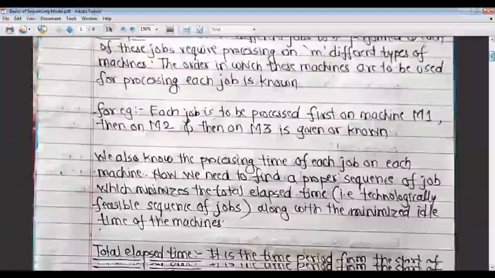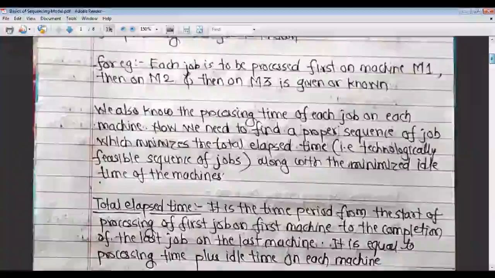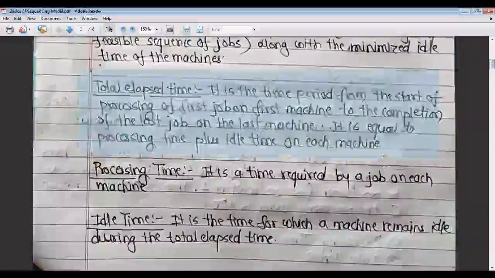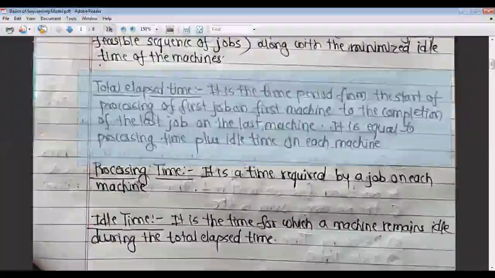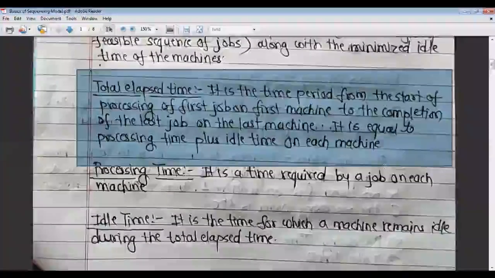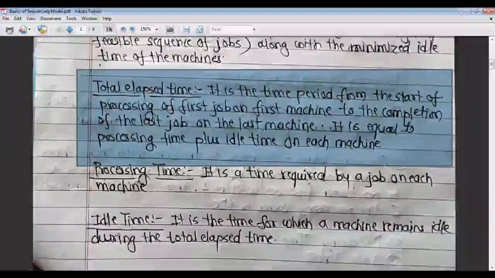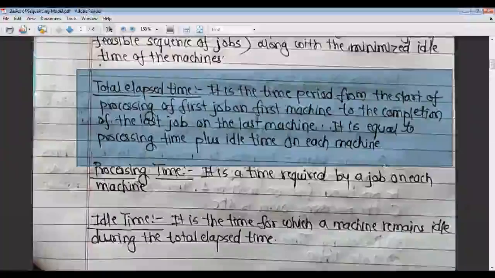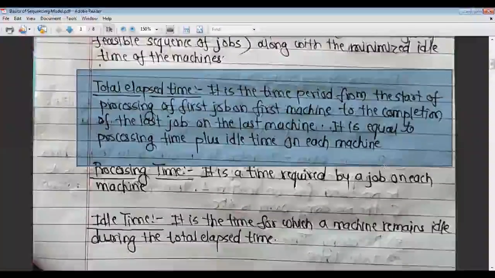We have also seen the meaning of a few terminologies. We have seen what the total elapsed time is. If you recall, it is the time period from the start of the processing of the first job on the first machine to the completion of the last job on the last machine. So it is equal to the processing time plus the idle time on each machine.